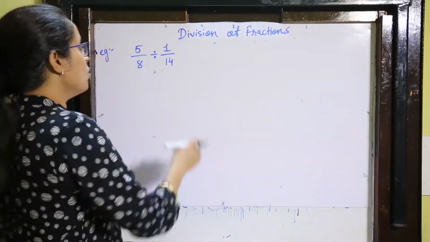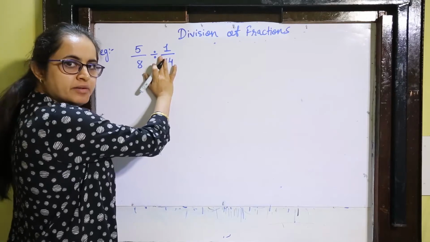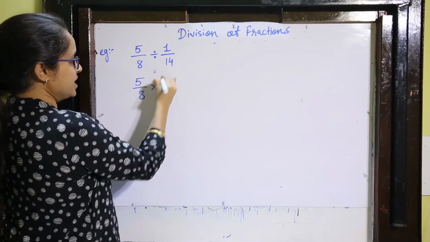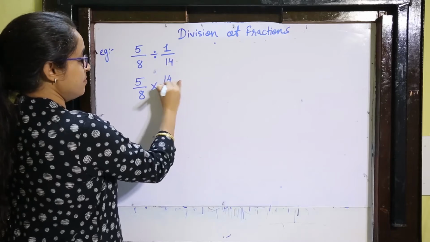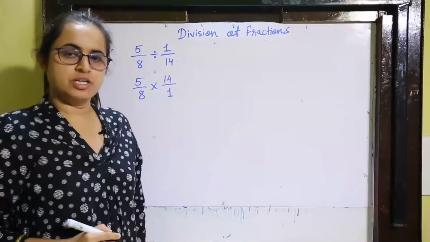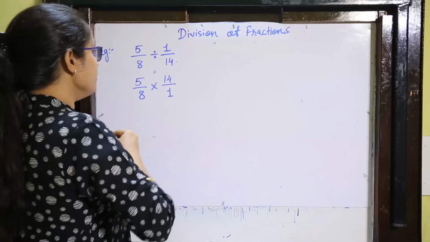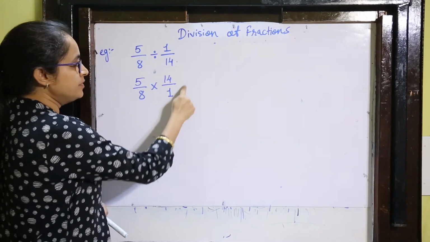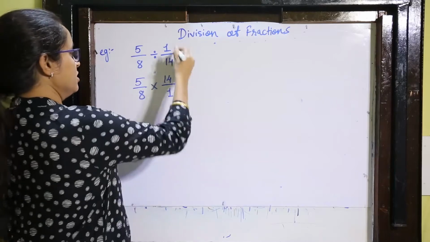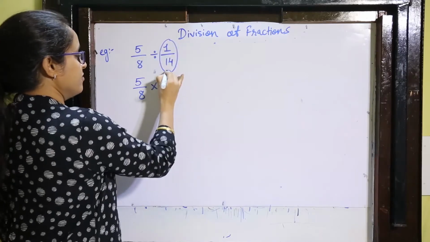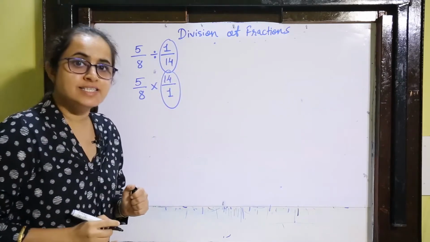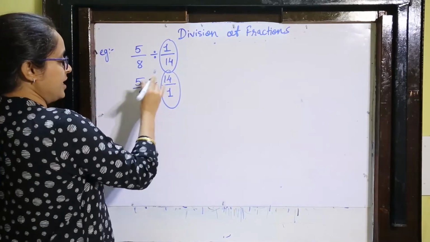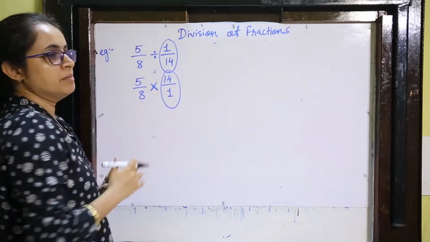First thing, the division of any two fractions means multiplication of the first fraction with the reciprocal of the second fraction. That means if you divide any two fractions, you need to flip the second fraction and turn it into its reciprocal. Then you put a multiplication sign between these two numbers.